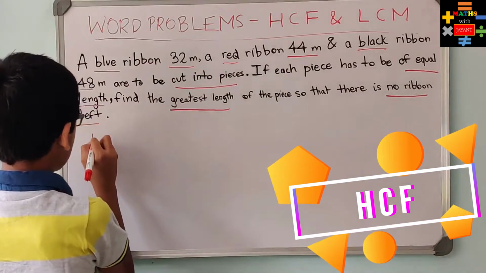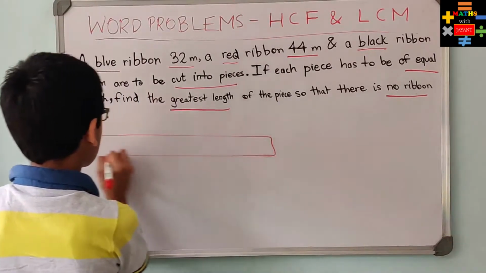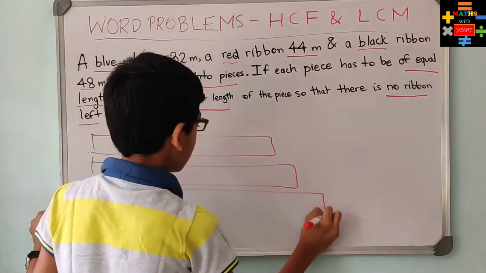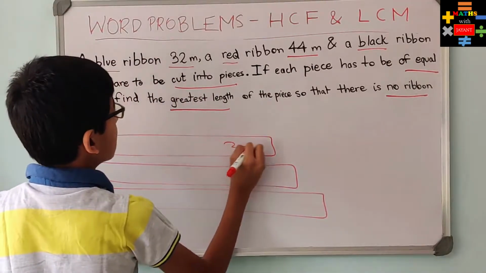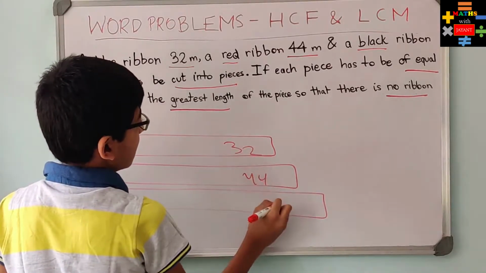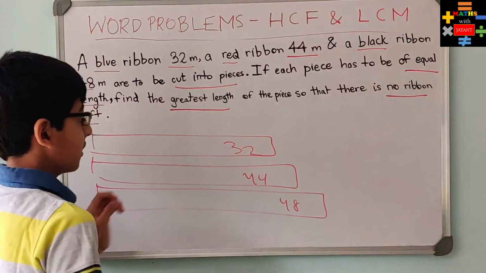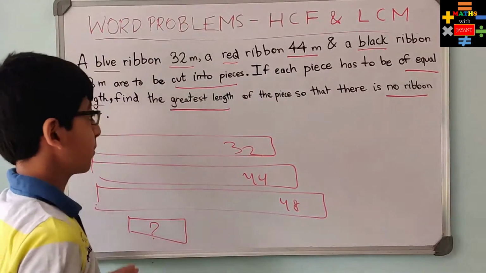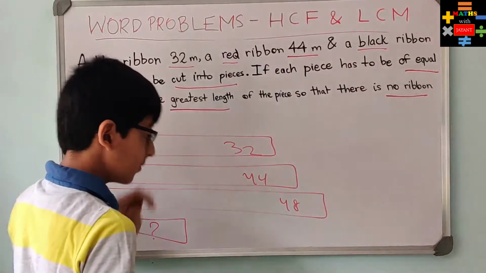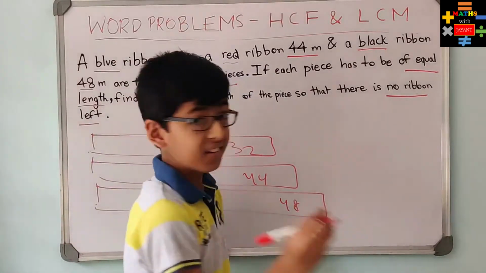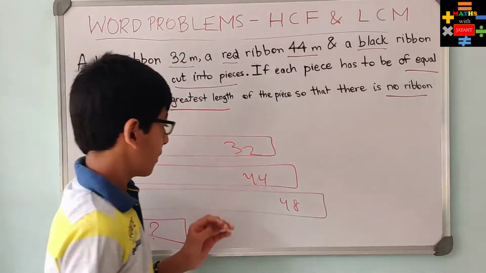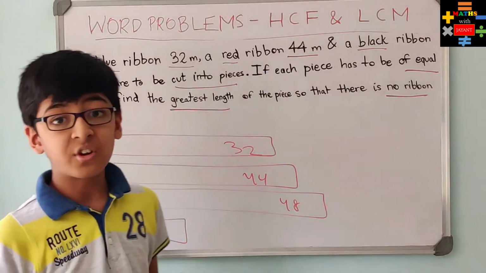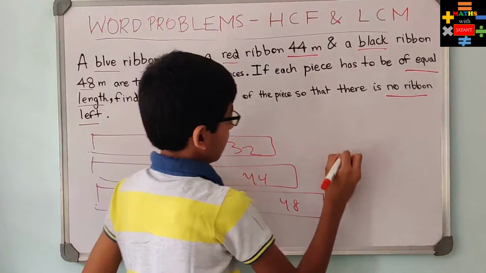So there are 3 ribbons of 32 meter, 44 meter and 48 meter. These will be cut into pieces. So what should be the length of this piece is our question. So over here we will be finding the HCF. If you see the word greatest, that also means sometimes HCF.